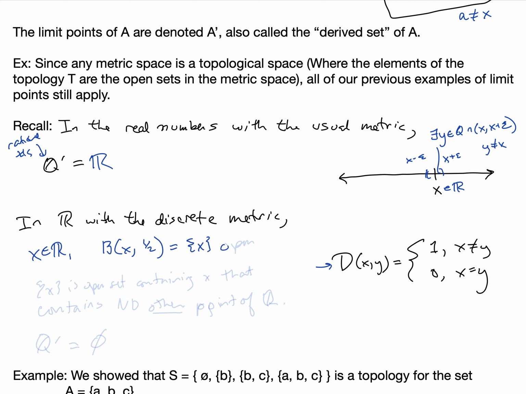So that is an open set in the discrete metric, and therefore for any element x, {x} is an open set containing x that contains no other point of Q, and therefore the set of limit points of Q is the empty set in the discrete metric.